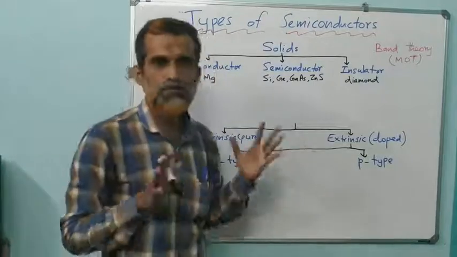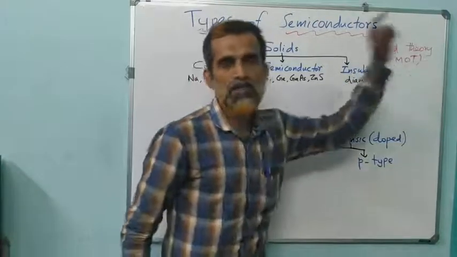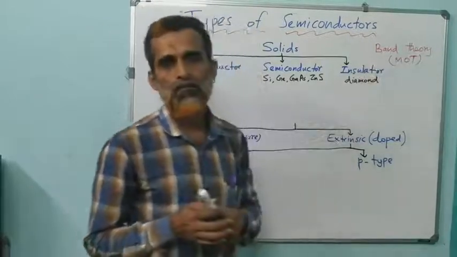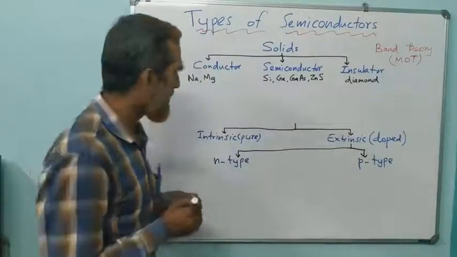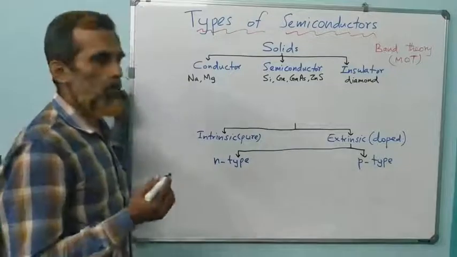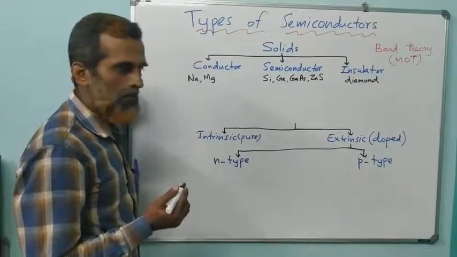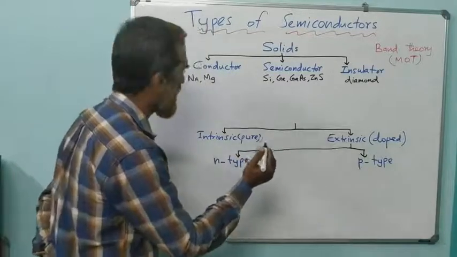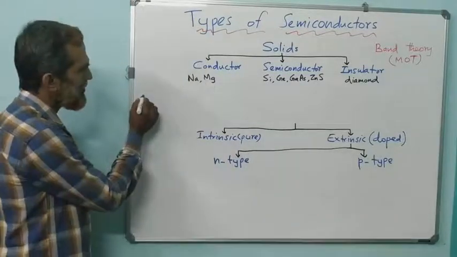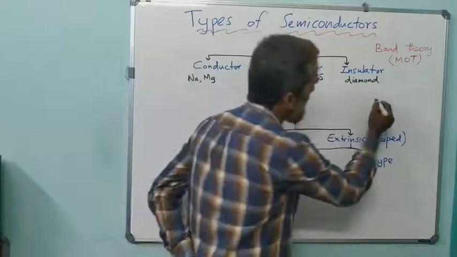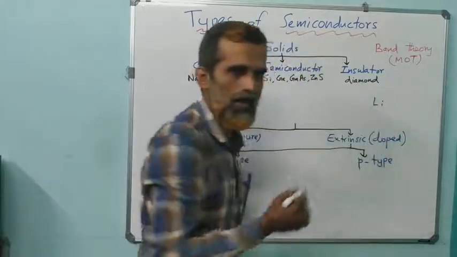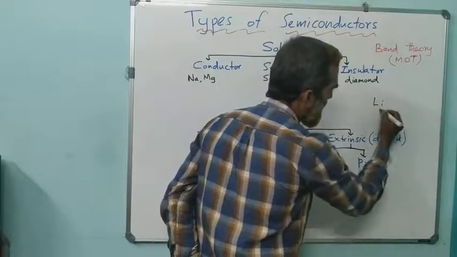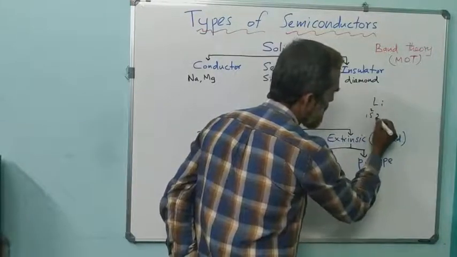The discussion is based on what is known as band theory of solids or band model, which derives from molecular orbital theory. So what is the band model of solids? If you take for example a lithium atom, a metal atom, you know the configuration of lithium is 1s2, 2s1.